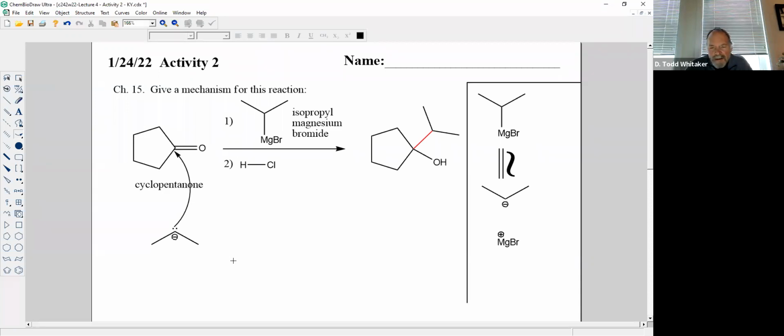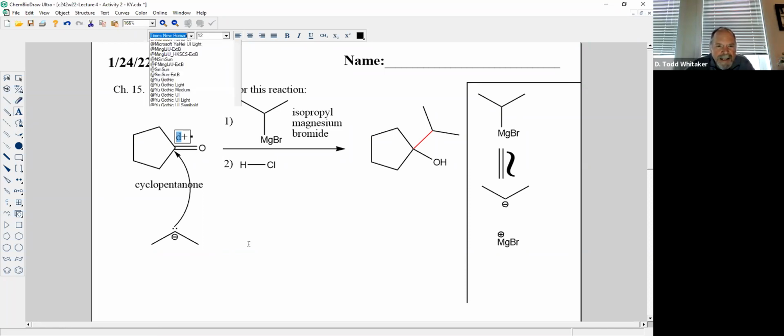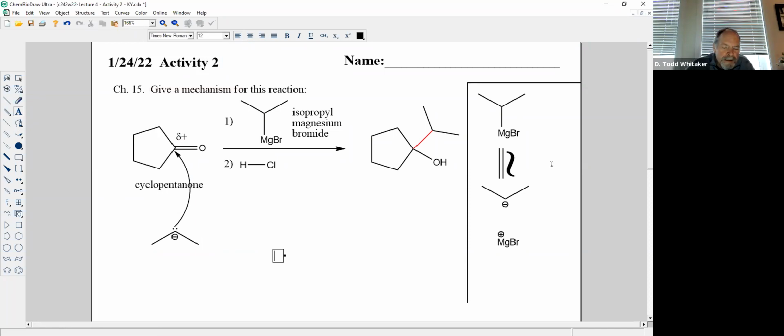Negative only likes one thing, positive. Carbonyl carbon is very positive. Not a whole 100% positive, but quite a bit positive. That's the Greek letter delta, lowercase. And the oxygen, because it's more electronegative, is delta negative.